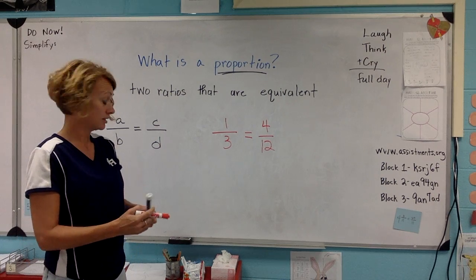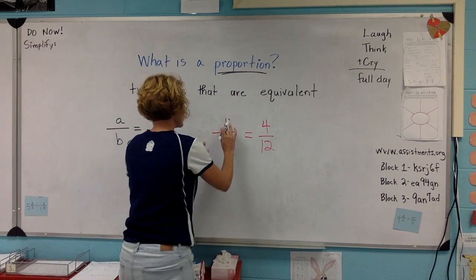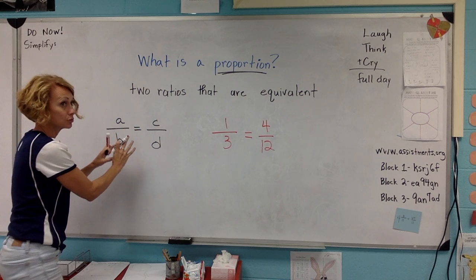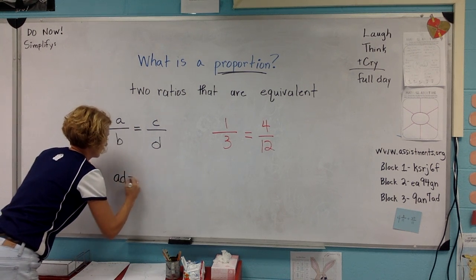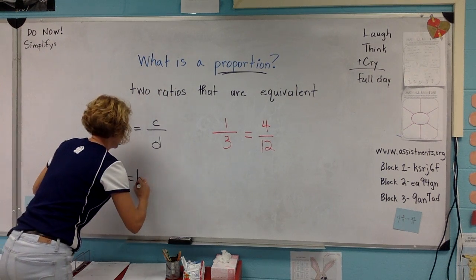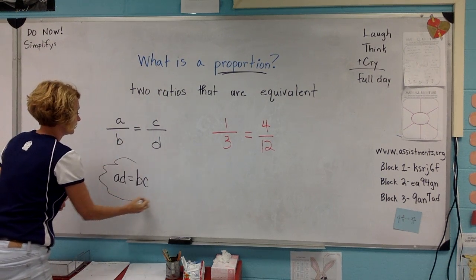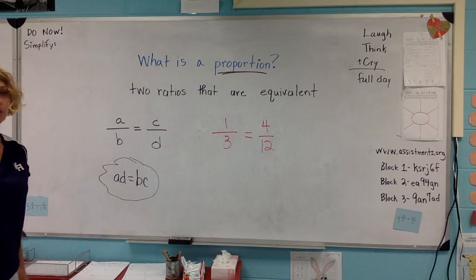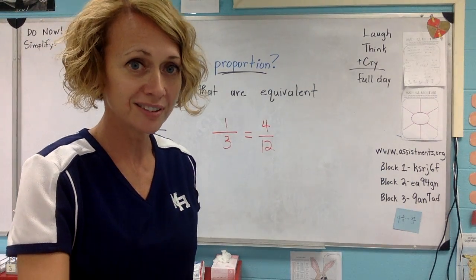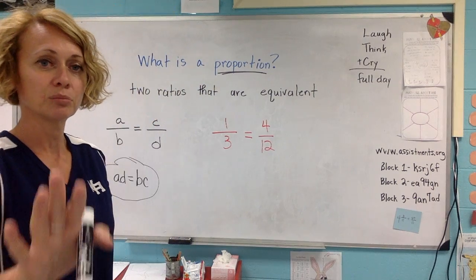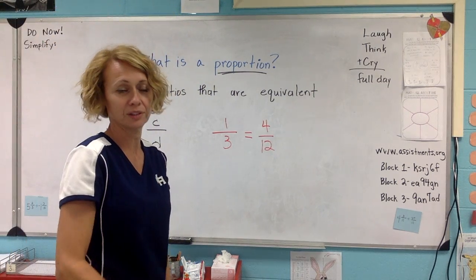So I can essentially say that in this algebraic law, A times D is equal to B times C. And when I do that, I can use it to help me solve all types of equations that may have proportions or rational expressions in them.